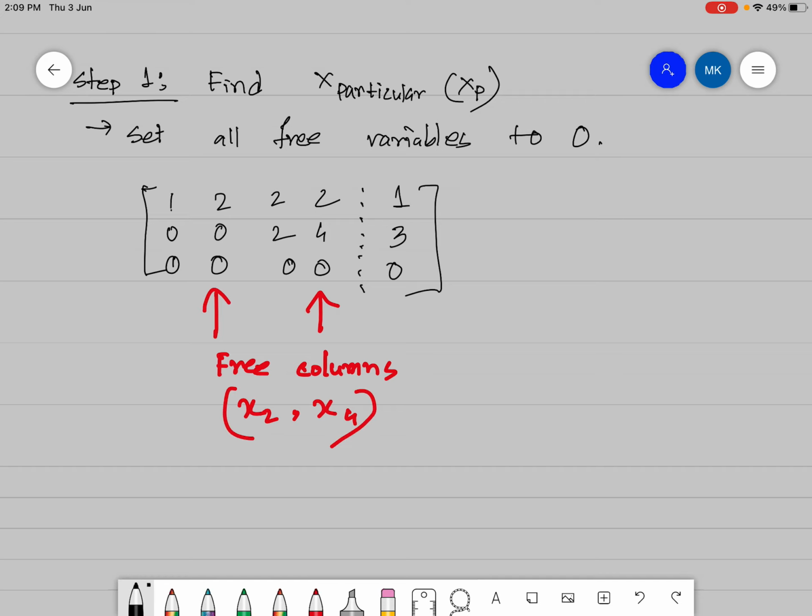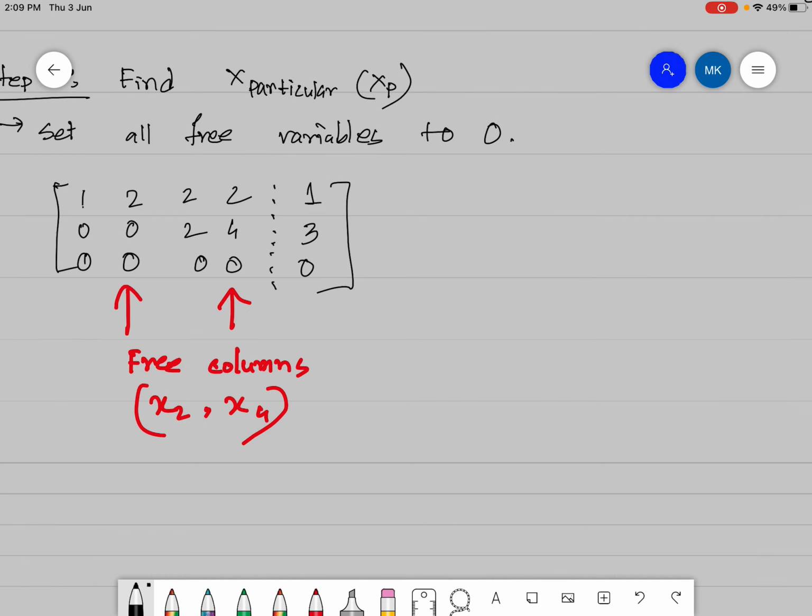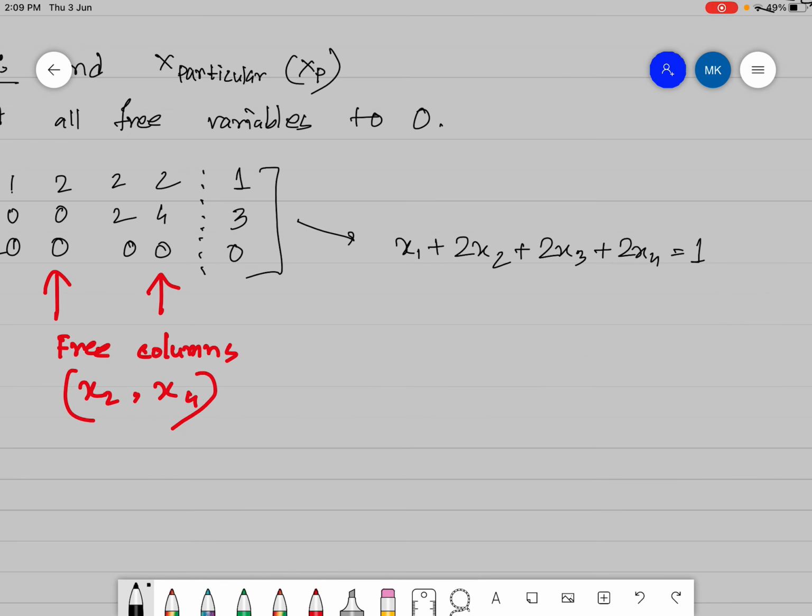So the two equations from here would be x1 plus 2x2 plus 2x3 plus 2x4 equals 1, and 2x3 plus 4x4 equals 3.